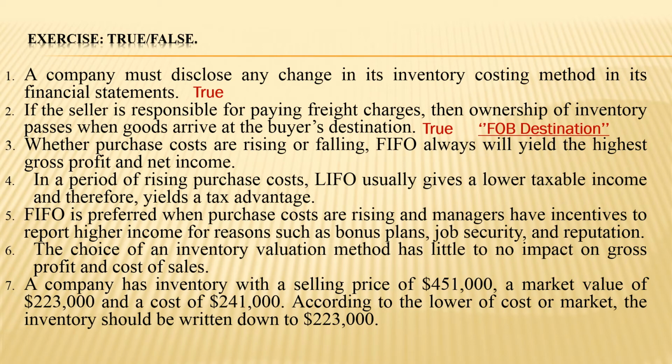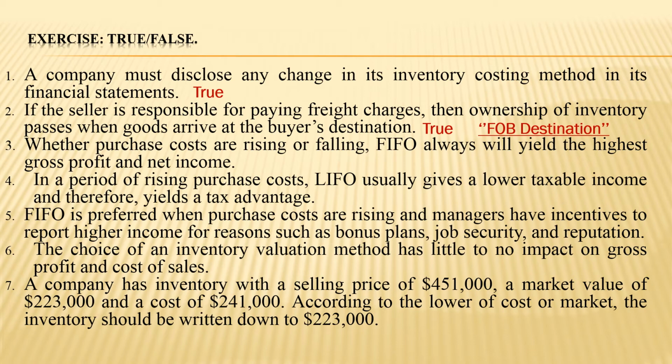Okay. Number 3, whether purchase costs are rising or falling, FIFO will always yield the highest gross profit and net income. Of course, this is false, because let's see the first scenario when the purchase costs are rising.